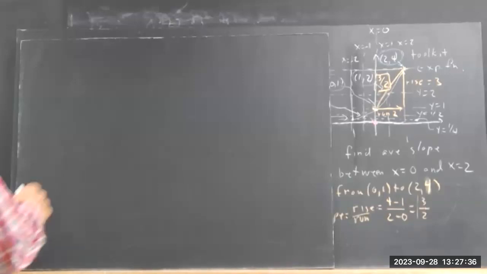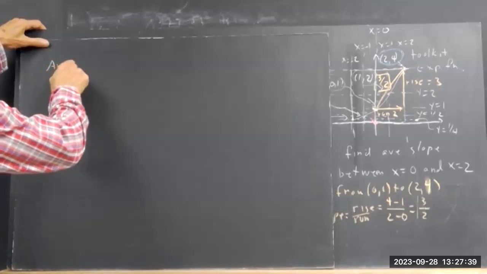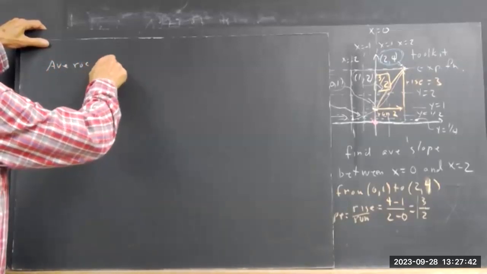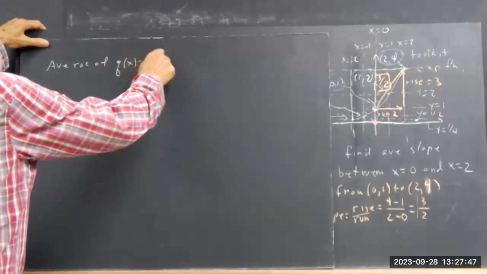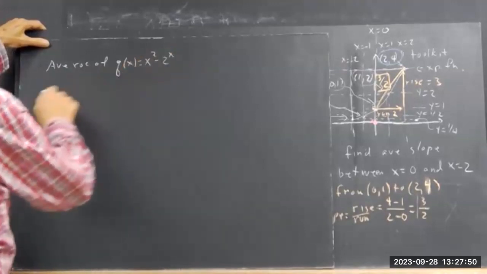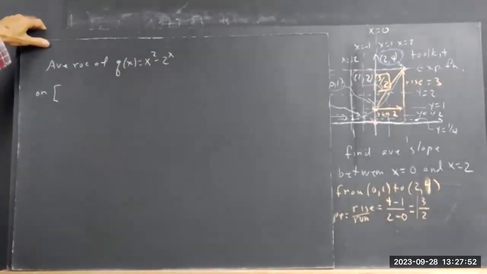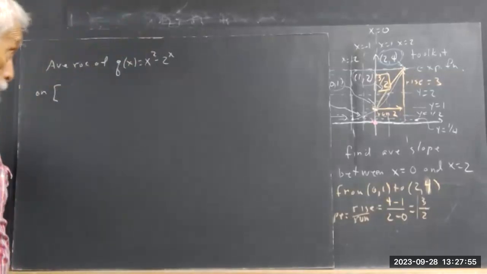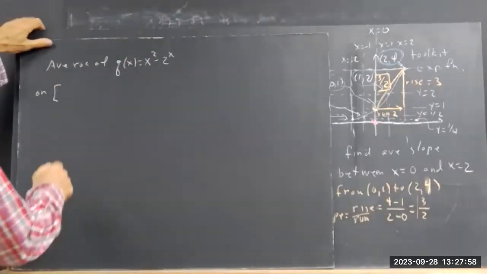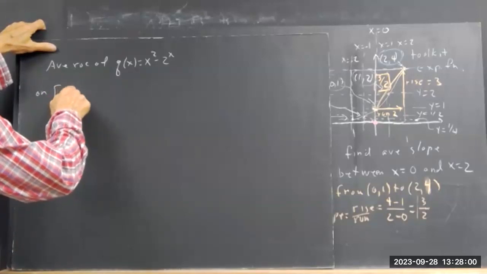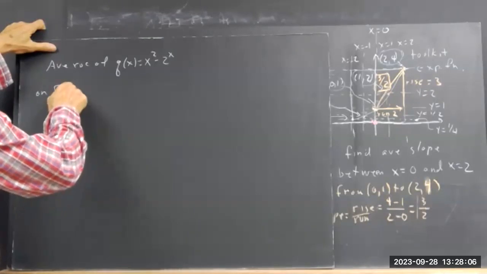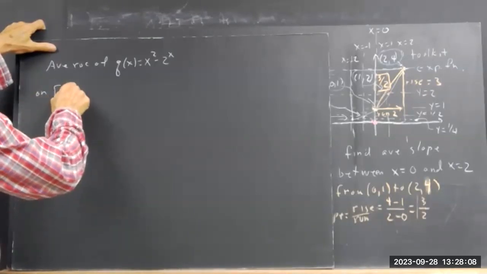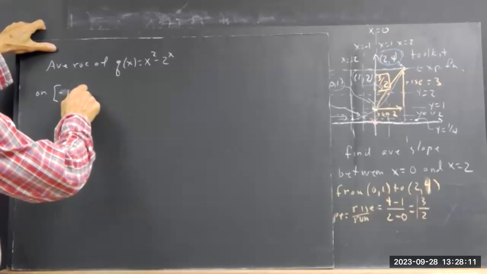Okay, what's the average rate of change of q of x equals x squared minus 2 to the x on the interval from -1 to 1?